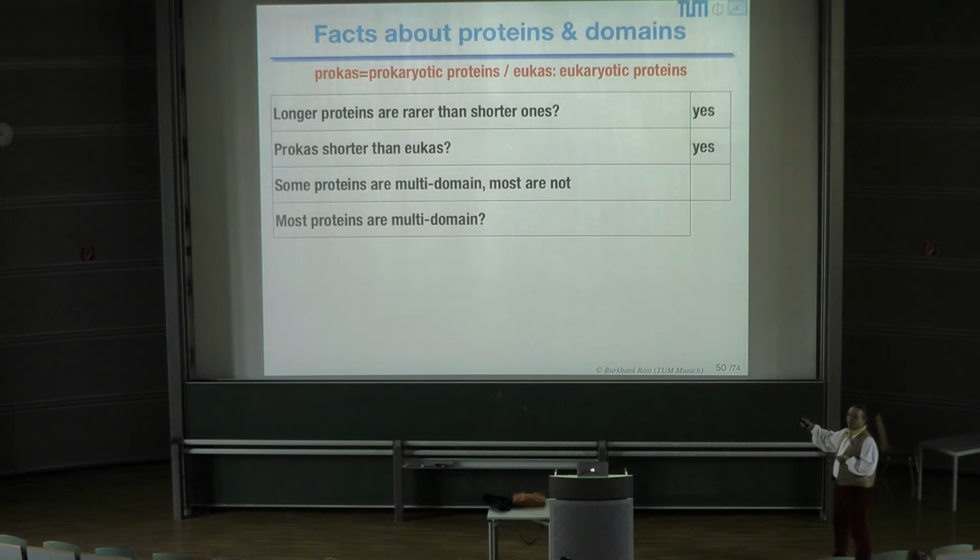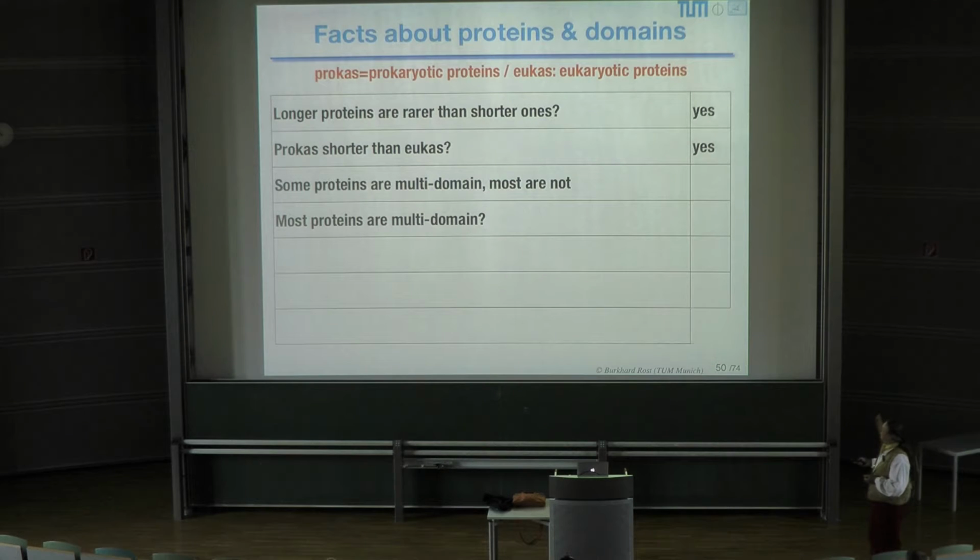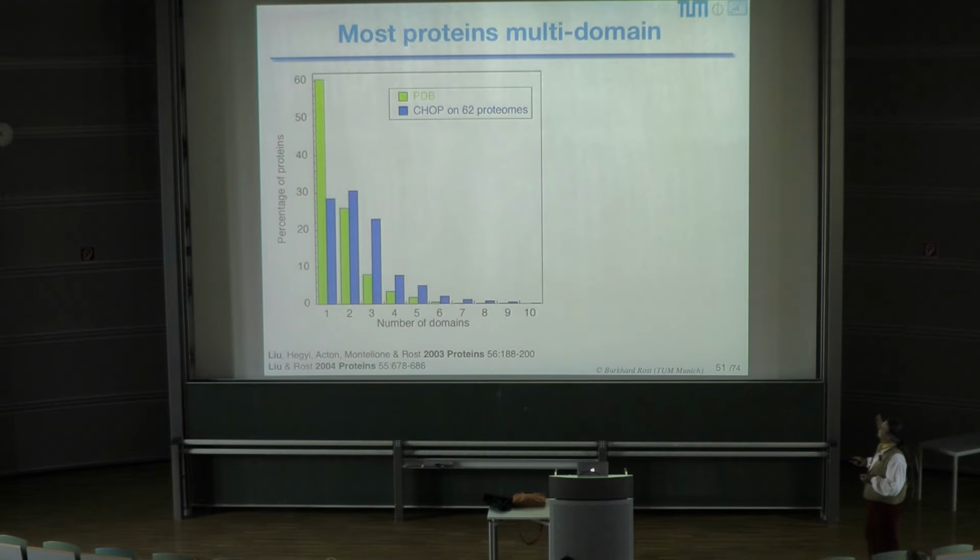I wouldn't talk about domains if most proteins would be single domain in some sense. In fact, most proteins are multi-domain. And I'll show you a picture once I get through that animation. What this one shows here in green is the fraction of proteins that have a single domain. 60% have a single domain. And that is what somebody said is true, the statement.